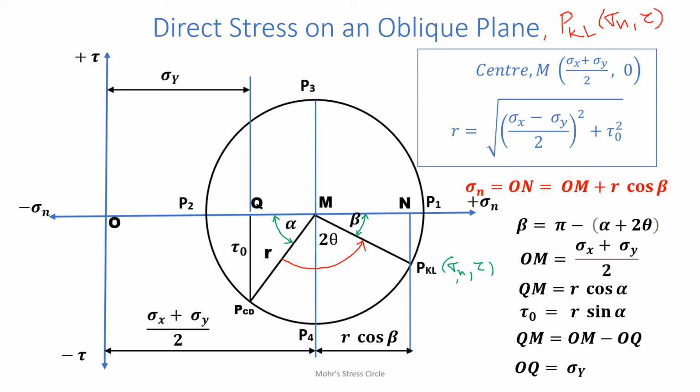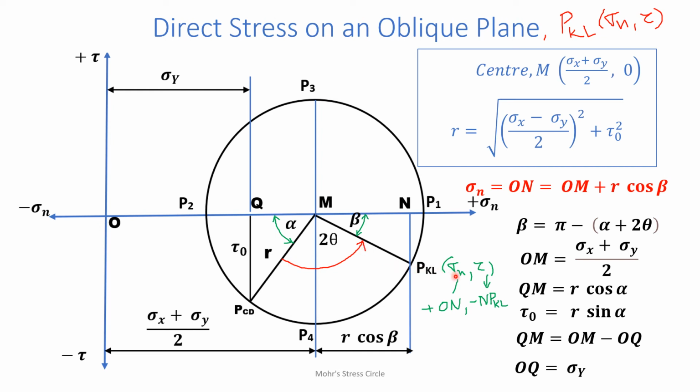Sigma n for the present case is ON, positive, and tau is minus NPKL. We will measure this, and if it comes out to be the same as the analytical result, we will say that this concept of taking the double angle to theta is okay.